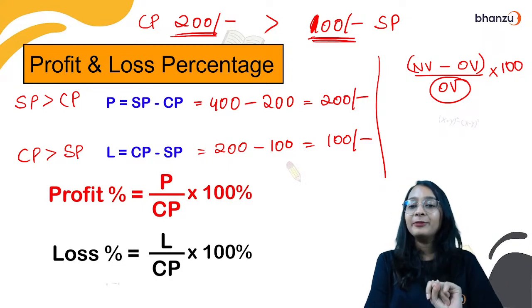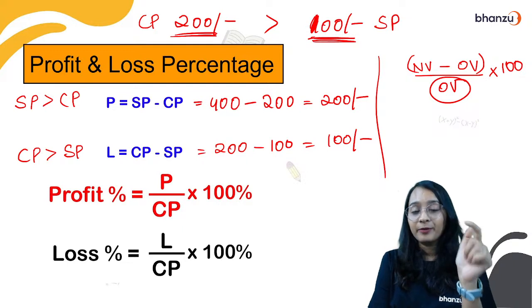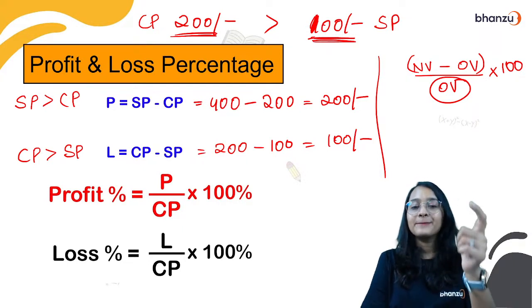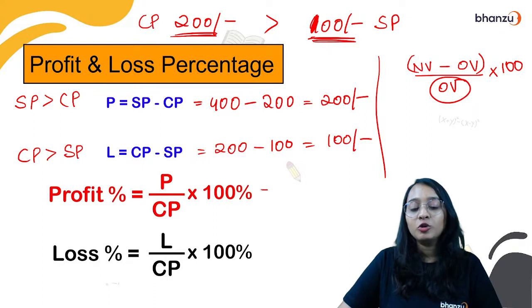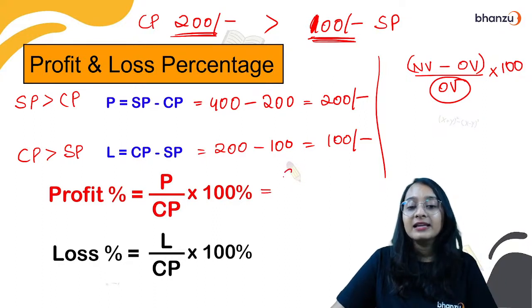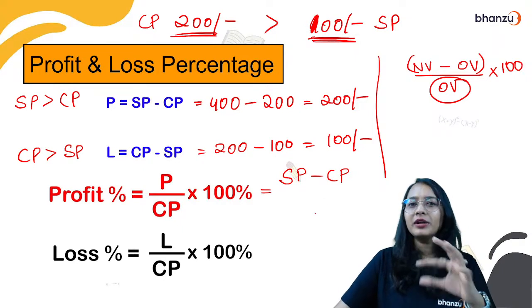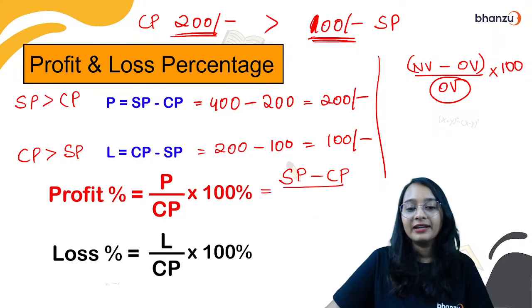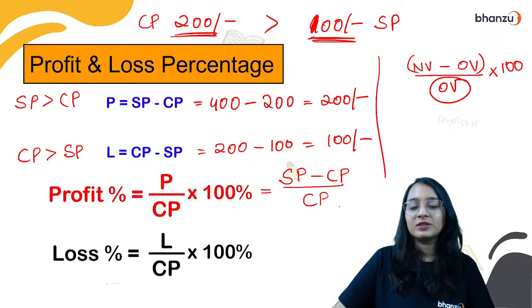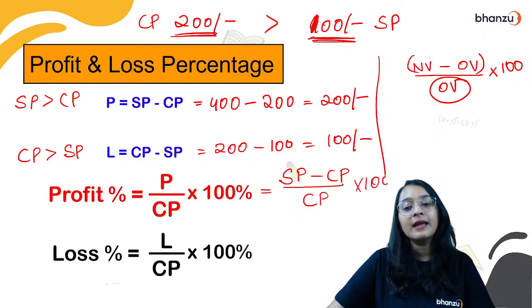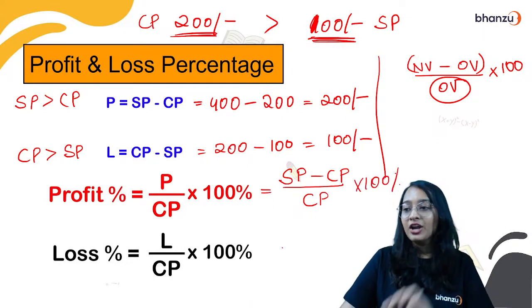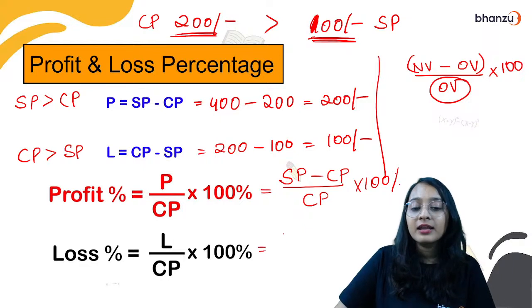Alright. So profit percentage is profit by CP into 100. Profit is SP minus CP because SP is greater. We don't want it in negative. Divided by original price, which is the cost price of the commodity, multiplied by 100%. Now, what is loss here?